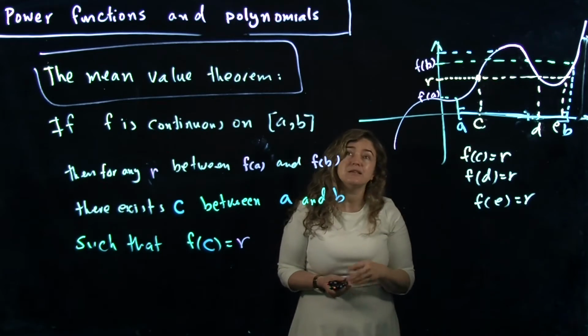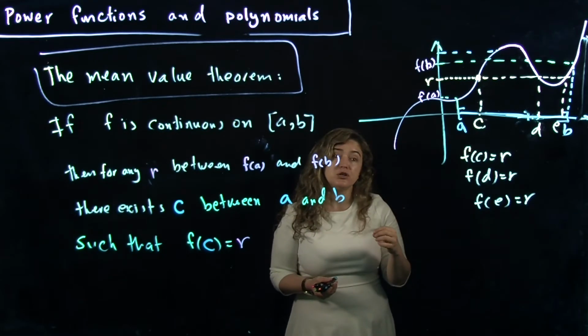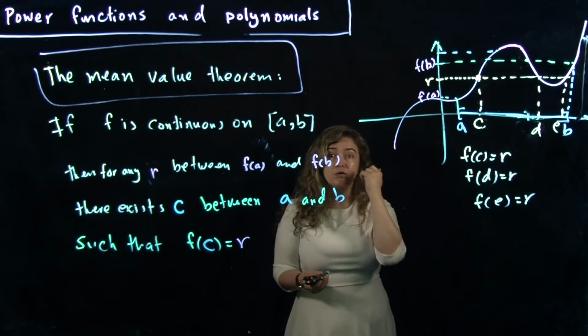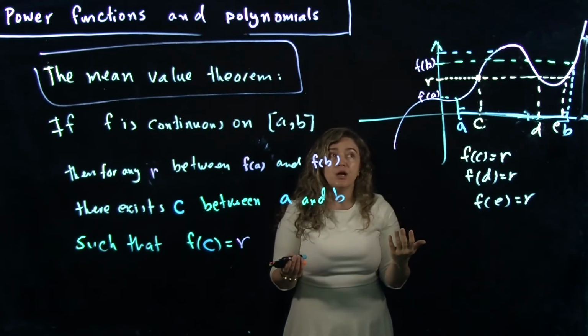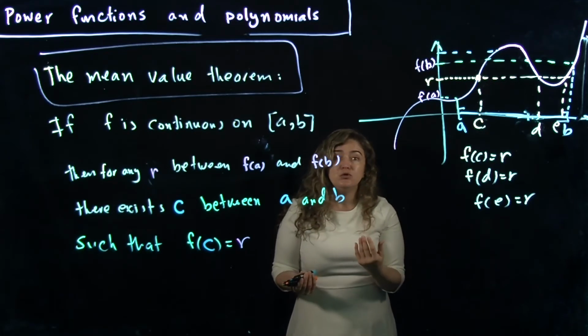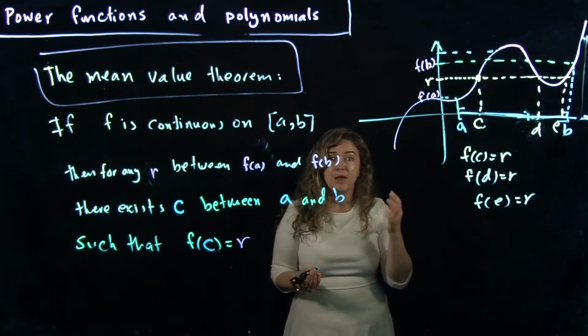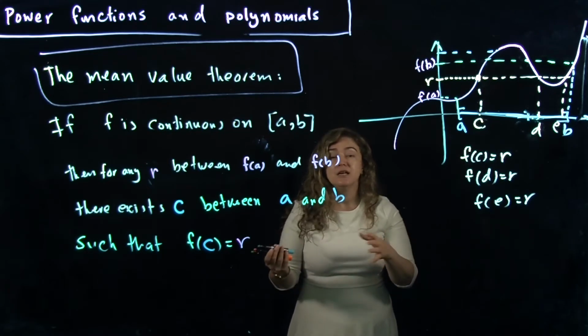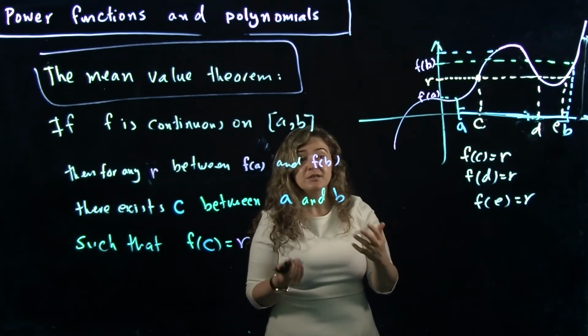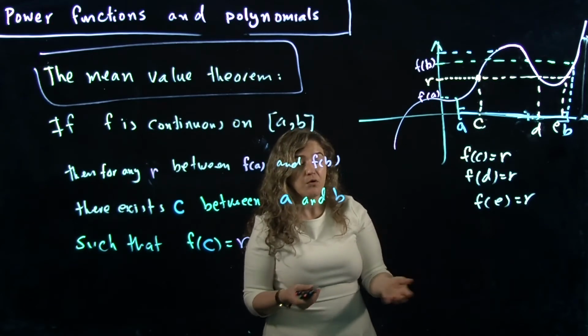In pre-calculus, one of the major issues that we resolve using the mean value theorem is when you're finding the zeros of a function and then you try to find where that function is bigger than 0 or less than 0.